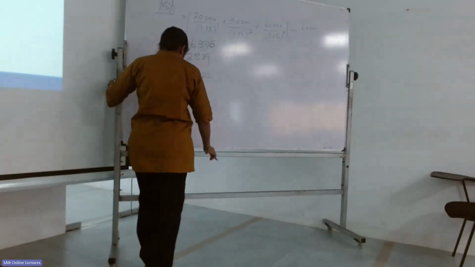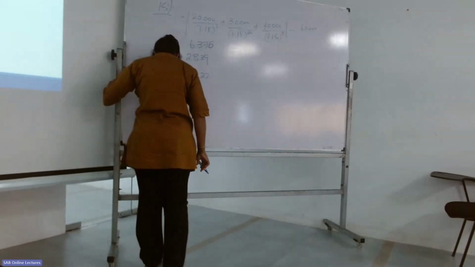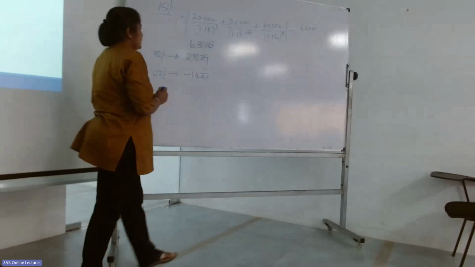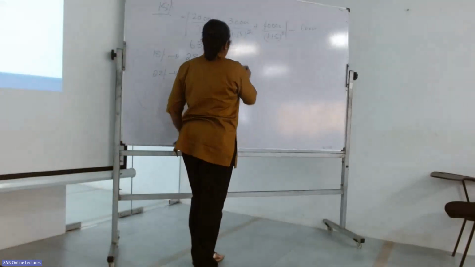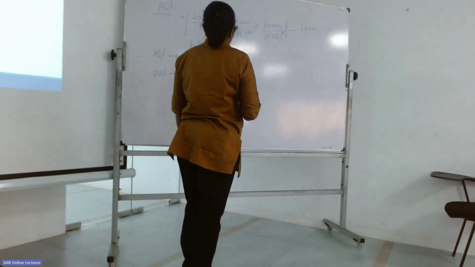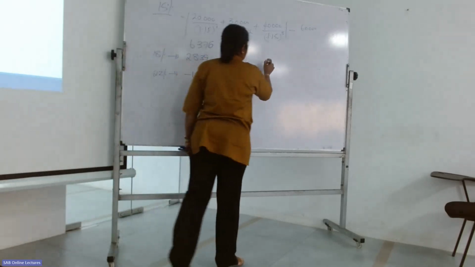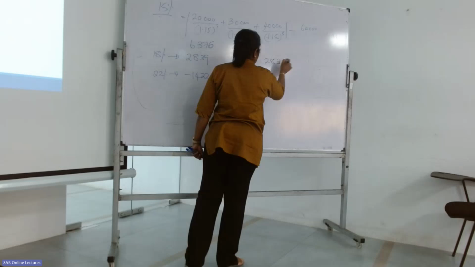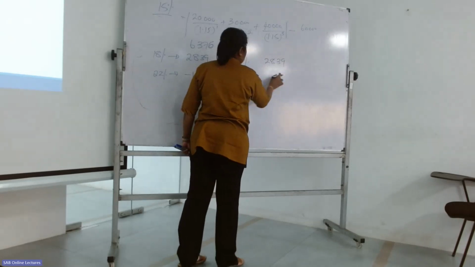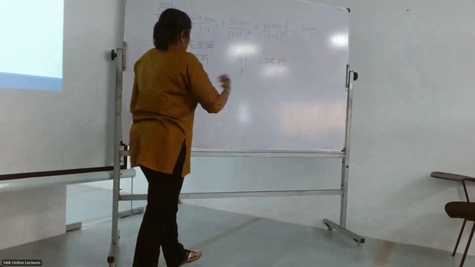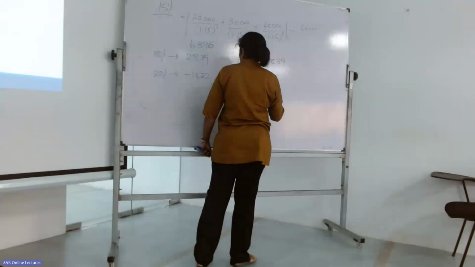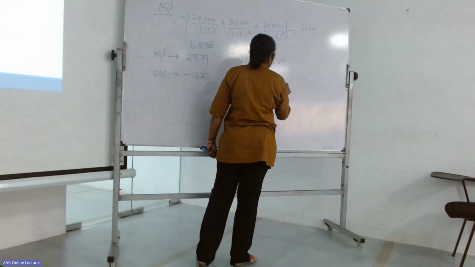So now you can do the linear interpolation. Our linear interpolation table is: at 18%, NPV is positive 2,839. We are seeking the discount factor where the NPV is 0. At 22%, it is negative, minus 1,422.